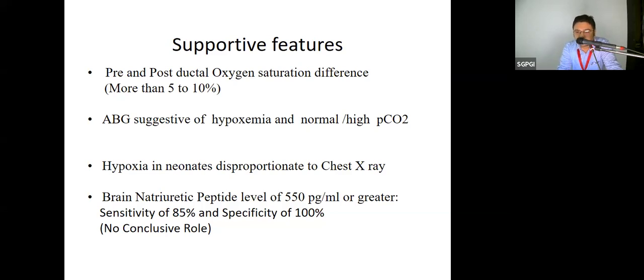But as I have written, there is no conclusive rule based on various studies, because this BNP can be falsely elevated in conditions in which there is left heart overload. That is why the sensitivity has dropped, and there is no conclusive evidence as of now regarding the BNP.